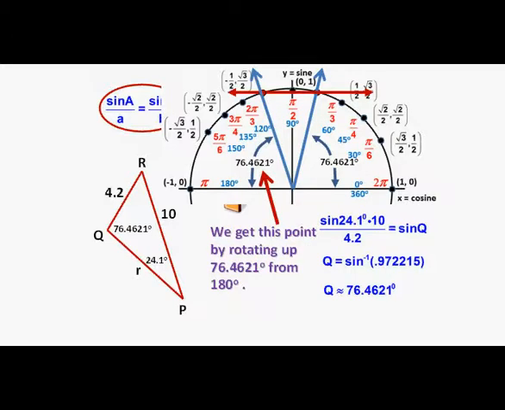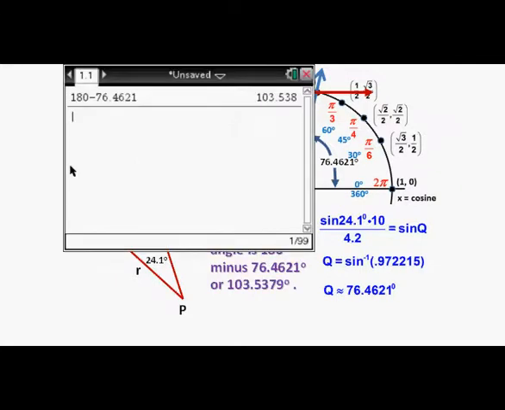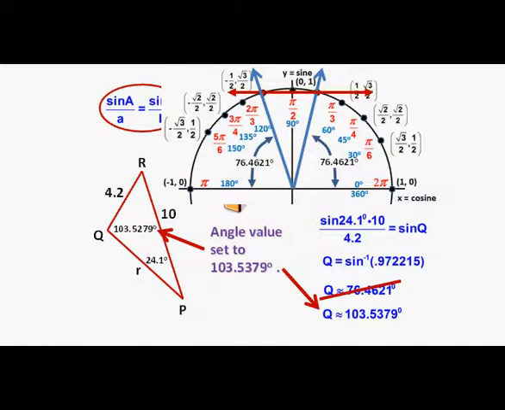We get to this point by rotating up 76.4621 degrees from 180 degrees, or from the left side of the unit circle. The value of this angle is 180 degrees minus 76.4621 degrees, or 103.5379 degrees. So upon further examination and reflection, we choose the angle in the triangle of 103.5279 degrees. Here is the addition to our triangle in green, showing what the triangle with an angle Q of 76.4621 degrees would look like.